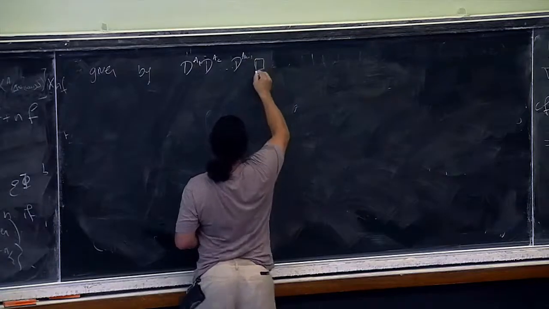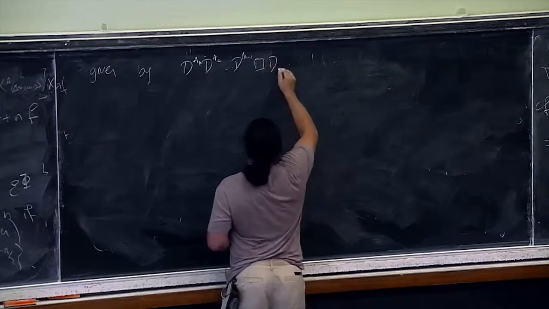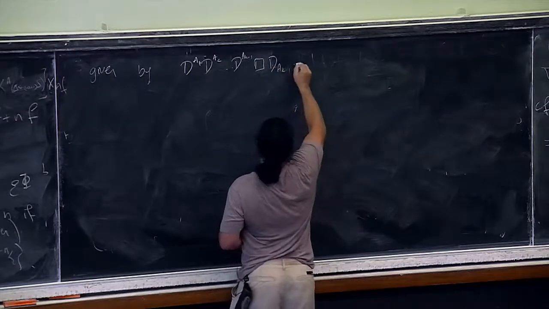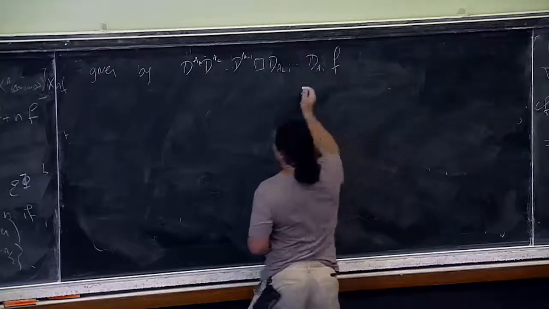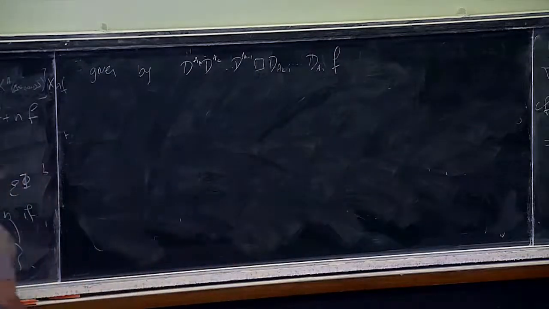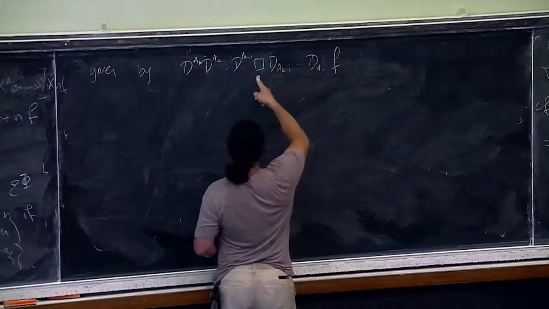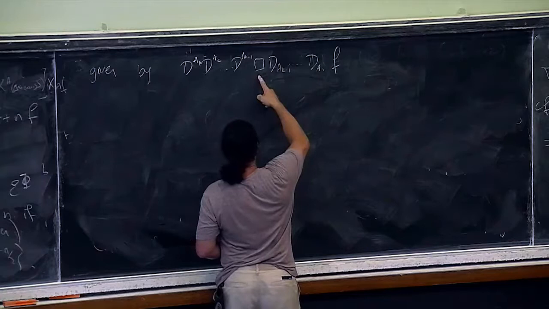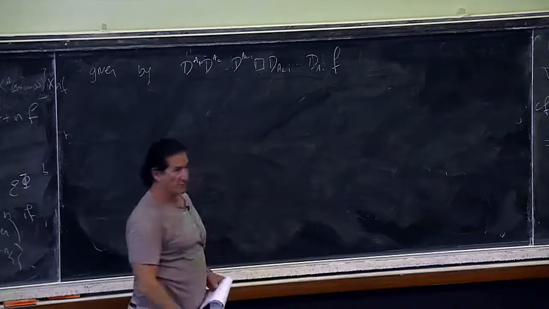Now you use this operator we constructed before, this twisted conformal Laplacian, and unwrap it the same way applied to F. So you just apply a lot of these tractor D operators, apply that twisted Laplacian operator, and then take off the indices using more of these.